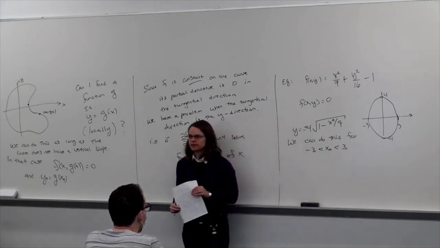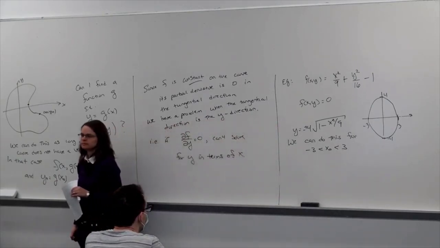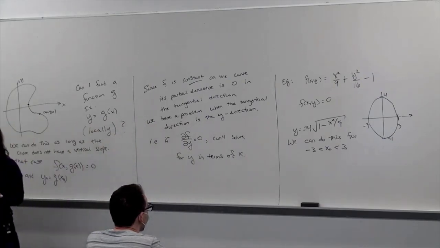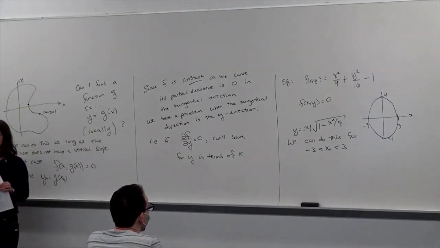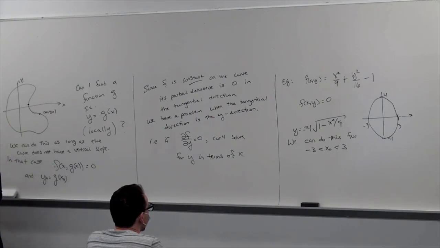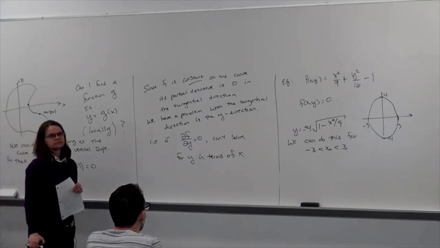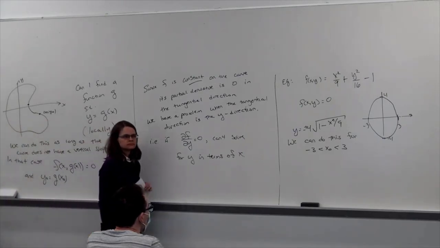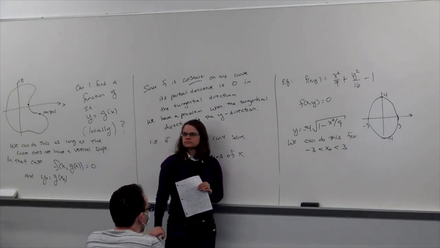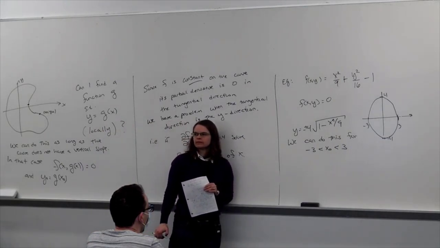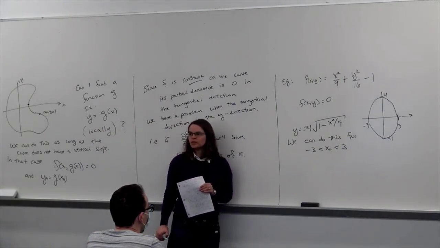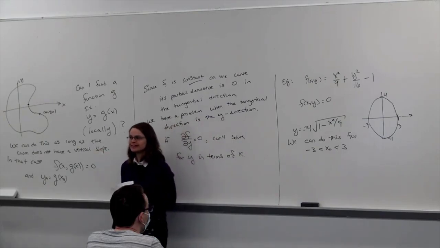And which sign do we pick? The plus sign or the minus sign? All right, so remember when we said we're doing this locally, you want to hazard a guess?